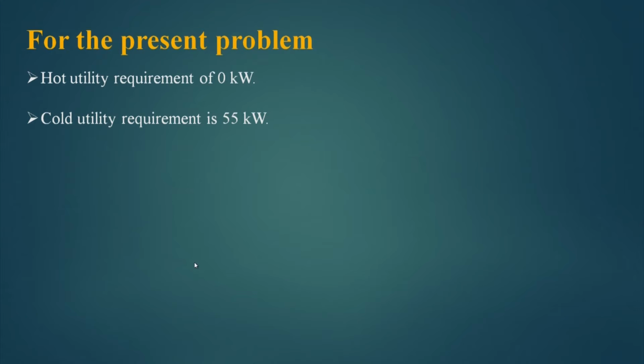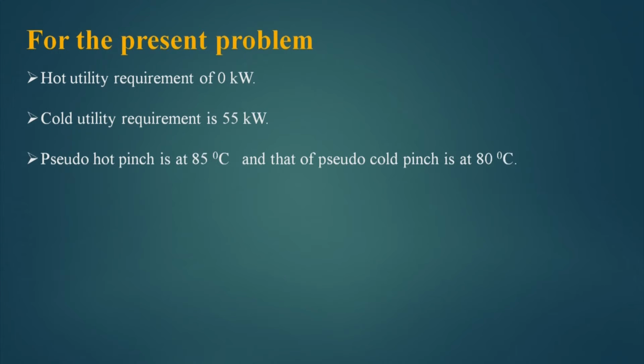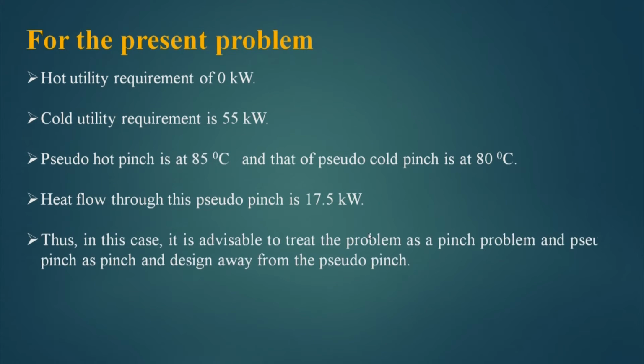So, these are the requirements: hot utility requirement is 0, cold utility requirement is 55 kilowatt, the hot pseudo pinch is 85 degree centigrade and the cold pseudo pinch is 80 degree centigrade, a difference of 5 degree, and heat flow through this pseudo pinch is 17.5 kilowatt, which we will calculate.